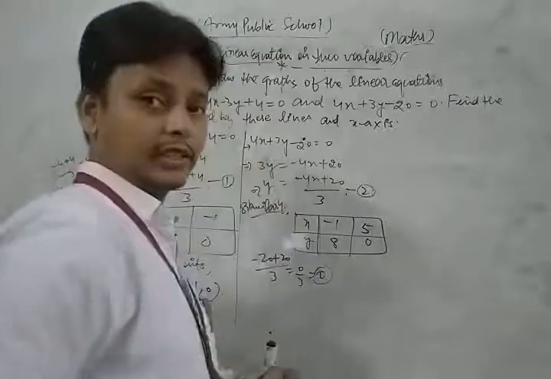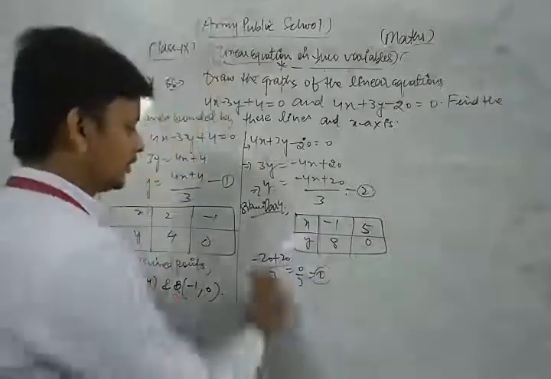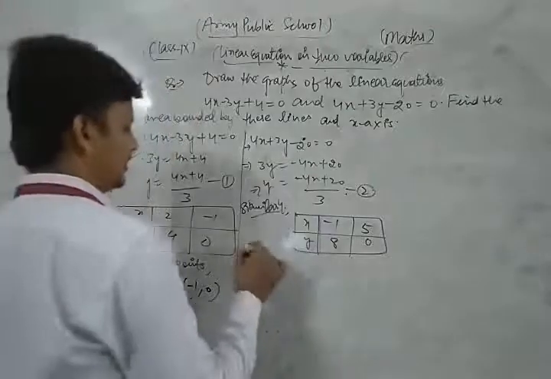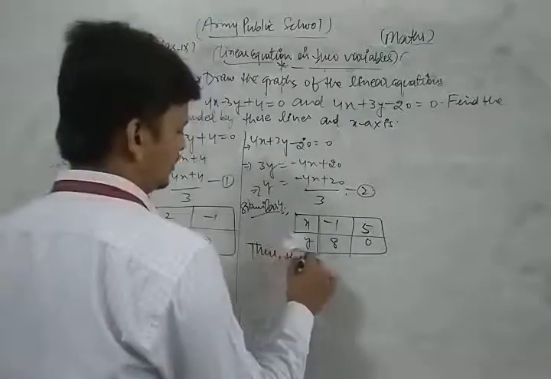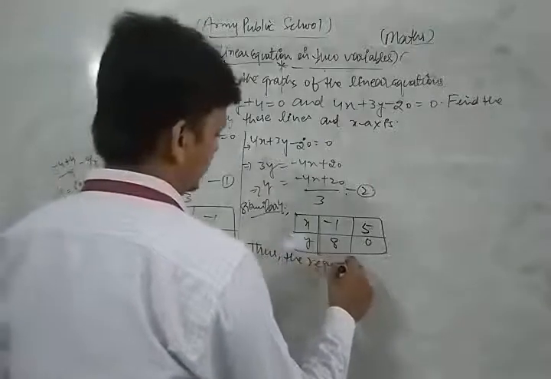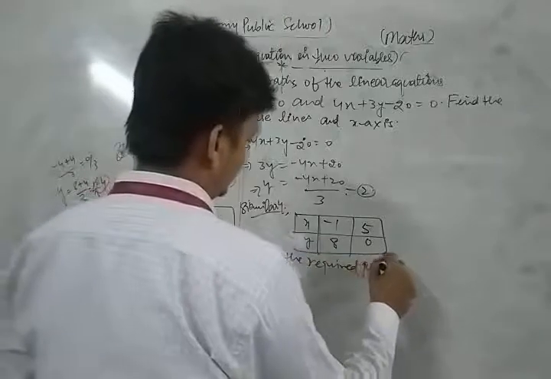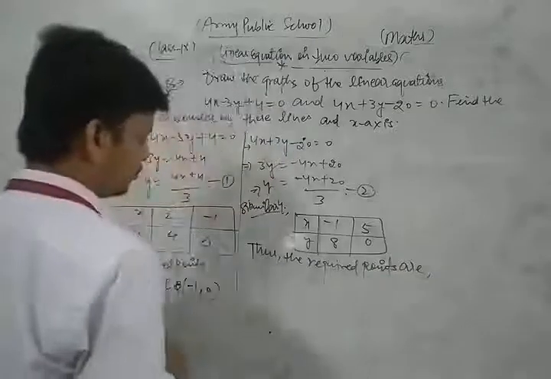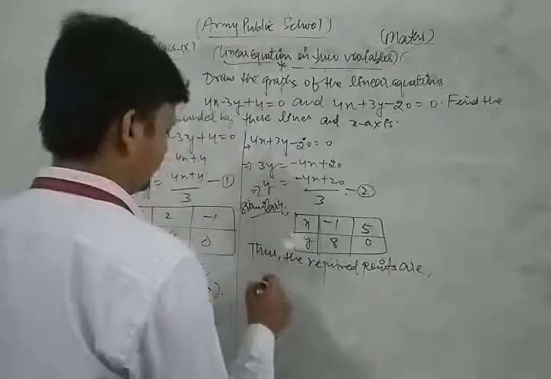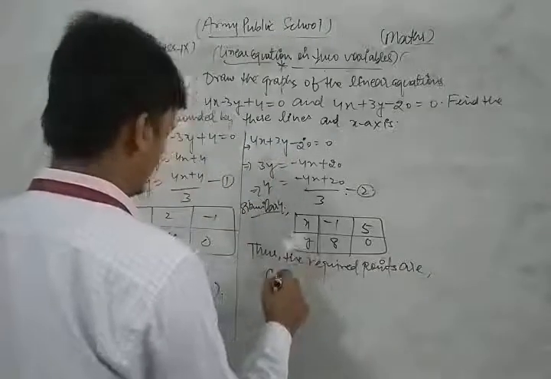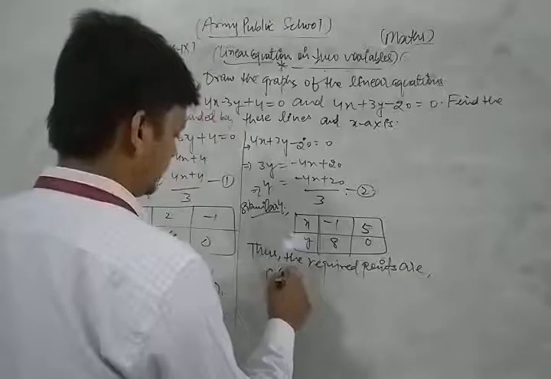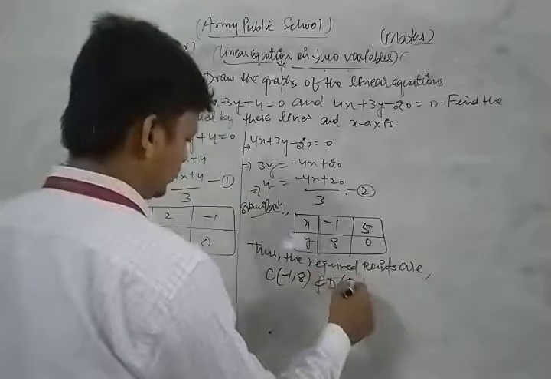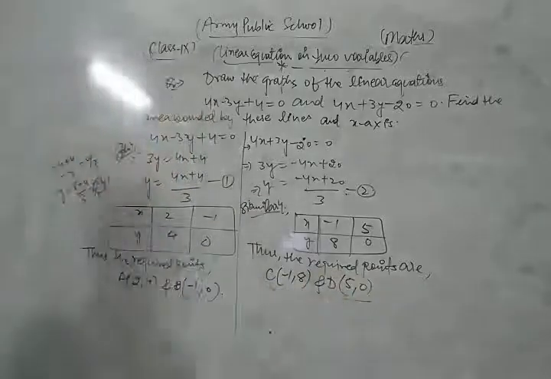So another point is (5, 0). Thus the required points are C (minus 1, 8) and B (5, 0).